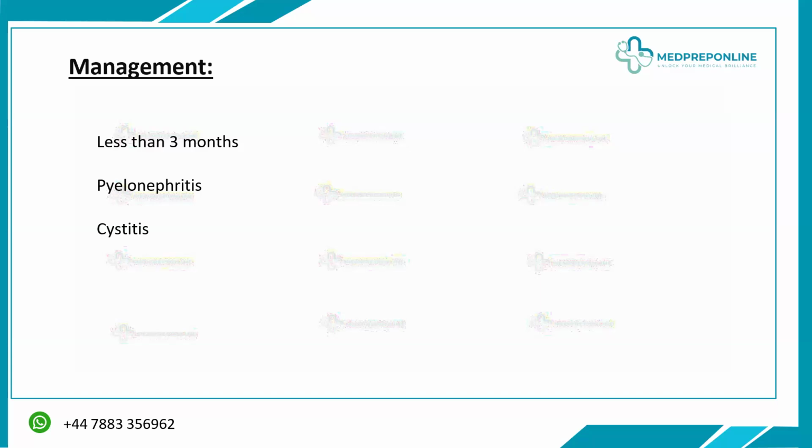So this is how it goes. In the beginning, you will find the scenario, and then you will take your relevant history, and then you will describe your history findings, and then the examiner would ask you what your differentials and most likely diagnosis are, and then about the investigations, management and follow-up.